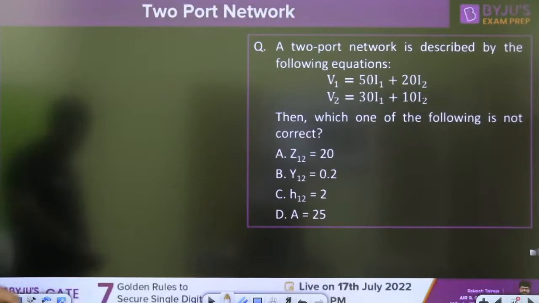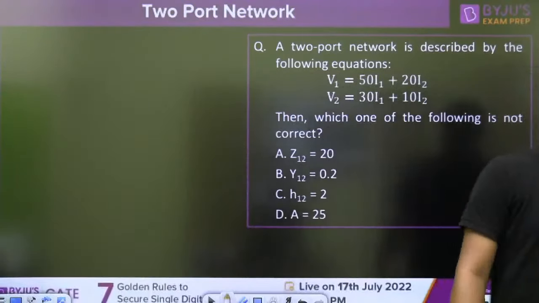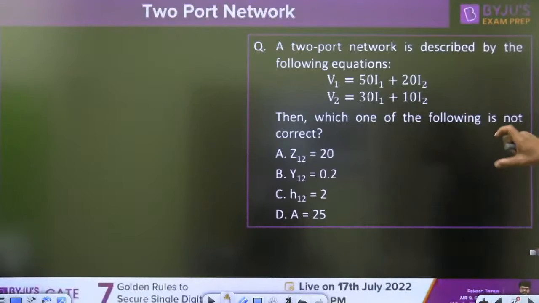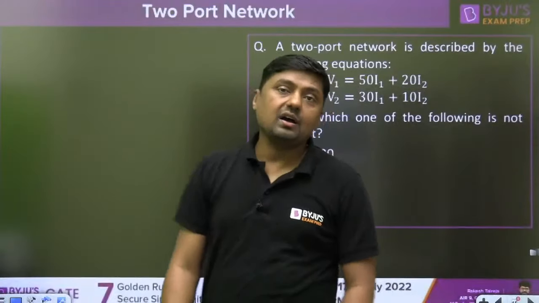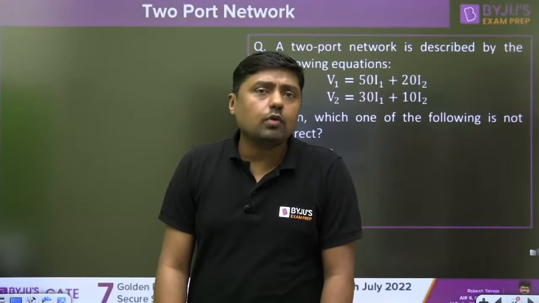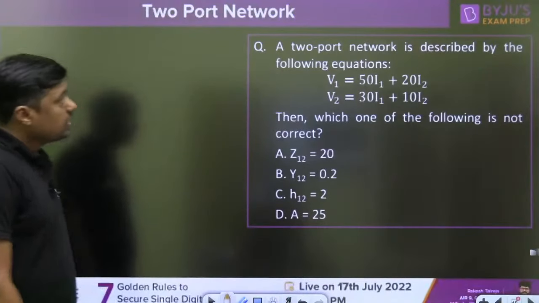Now, a two-port network is described by V1 and V2. Which of the following is not correct, my dear students? And with this question, I will give you the idea of the difference between H11, Y11 and Z11. Yes, that is important.